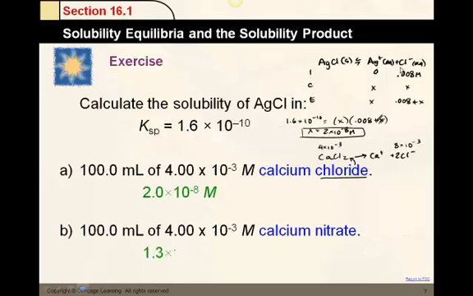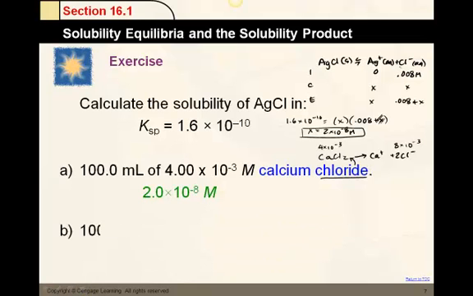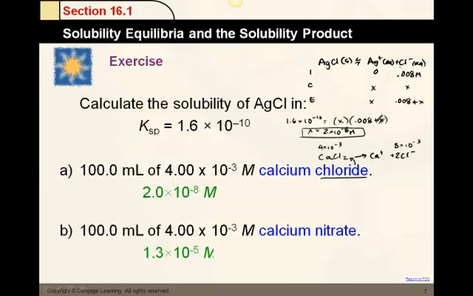Now, how would the solubility change if we had a different substance, calcium nitrate? We can see that the answer is 1.3 times 10 to the negative 5. So why would that be the case? Well, again, silver chloride, solid, breaks into silver and chloride ions.